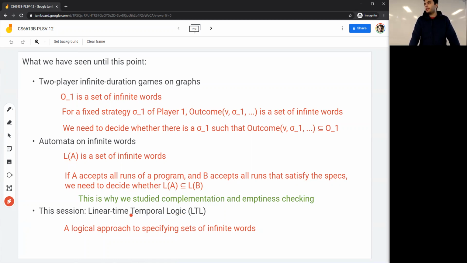It's temporal in the sense that it models time. So time has a central place in this logic. And it's linear time because the way that this logic looks at time is linear. You have a time 0, time 1, time 2, and so on, and the time goes on linearly. So you have one state of your program or your system at every time.